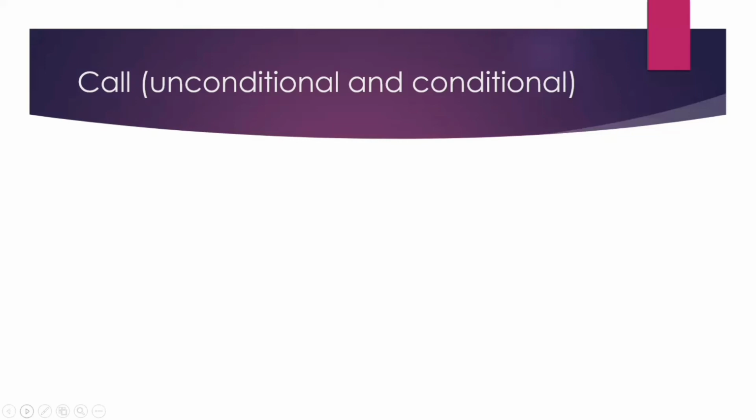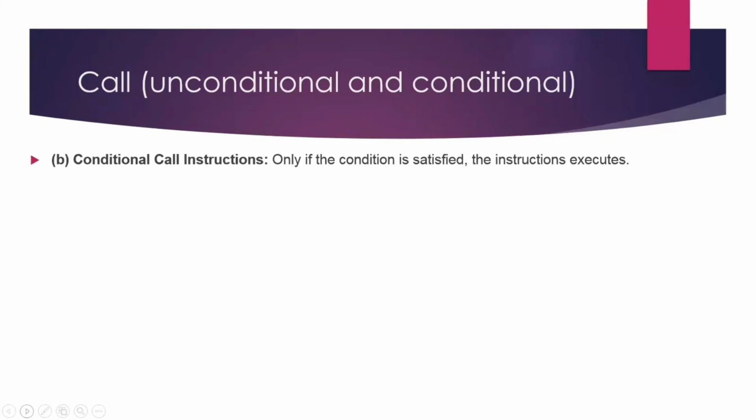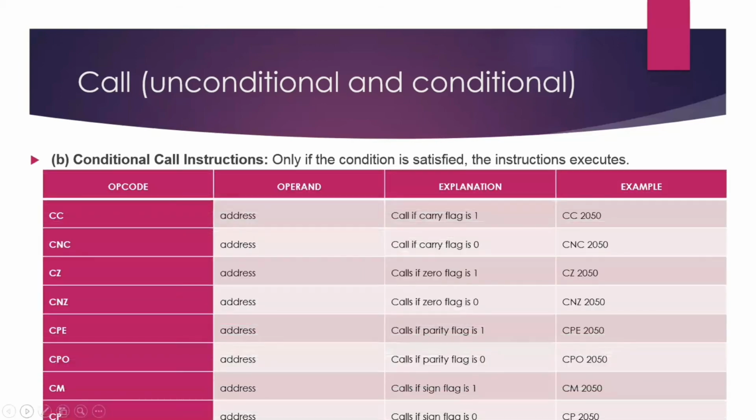In a conditional call instruction, only if the condition is satisfied does the instruction execute. It means the condition for the call instruction must be satisfied to go to a particular location or address in memory, stored in a specific area known as the stack.